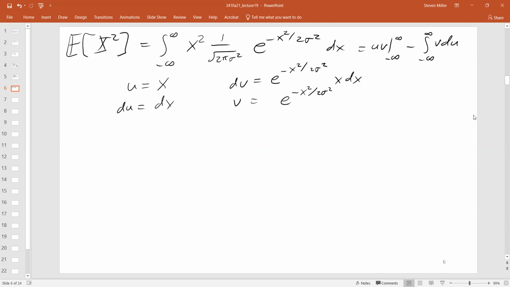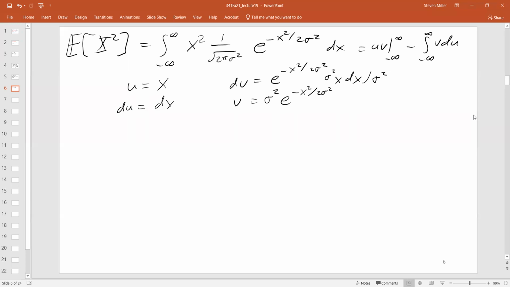Now, the derivative of x squared over 2 sigma squared, I need a negative to come down. It's going to be negative x over sigma squared. So I need to divide this by sigma squared and multiply by sigma squared. And so I'll have a sigma squared coming up like that.